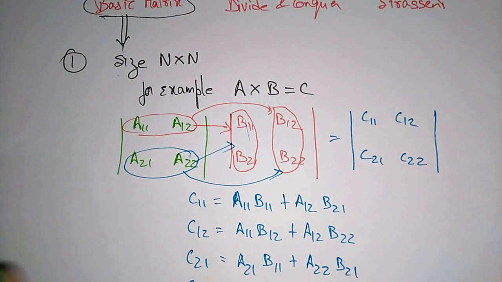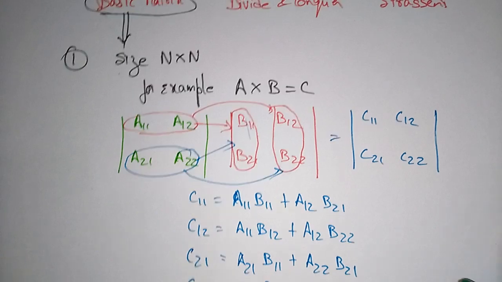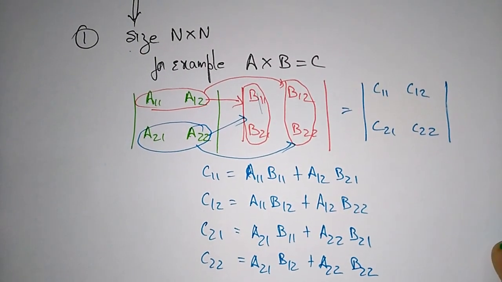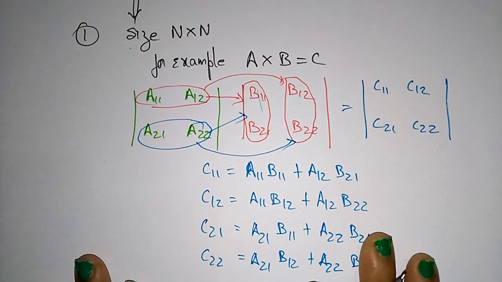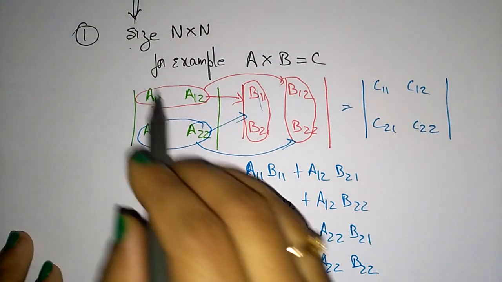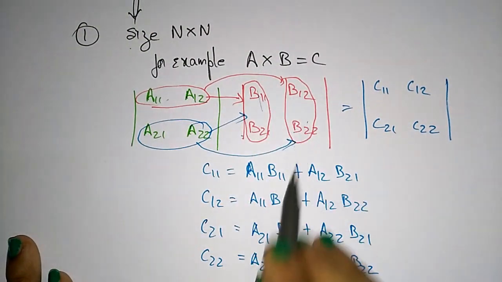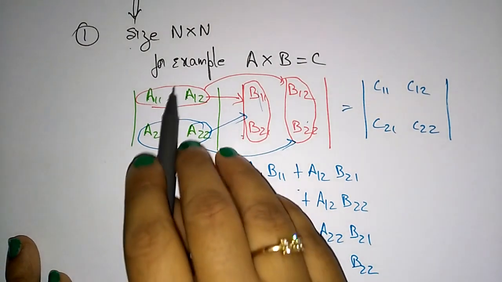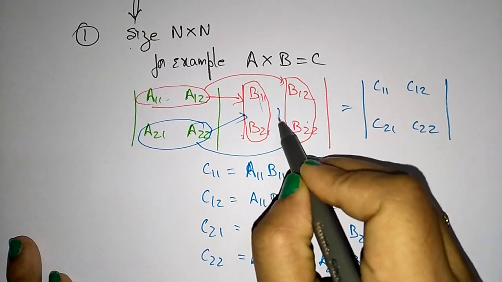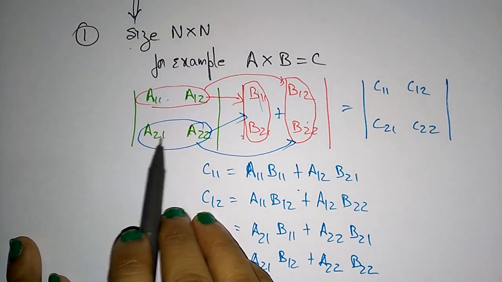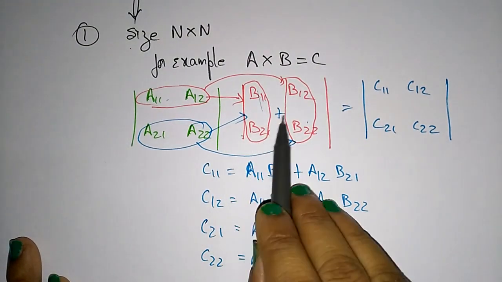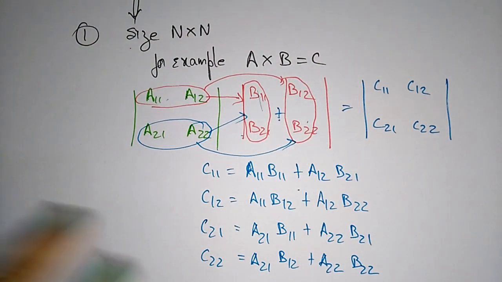Okay, this is how you do the 2 by 2 matrix multiplication. Just a row is multiplied with one column and then the second column.